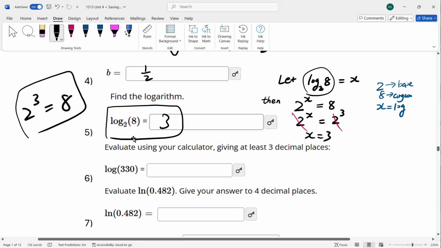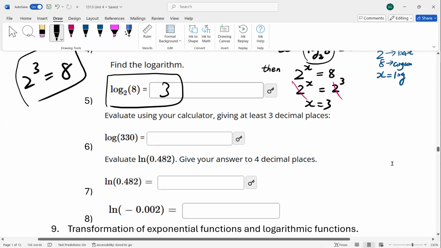Gradually, you need to be able to see that very quickly. 2 to the power of what gives 8? That's my point. As a beginner, I would recommend you do what I just did. Identify the base, argument, and log, the 3 parts, then convert to the exponential form, something you're more familiar with, and find the value of x.